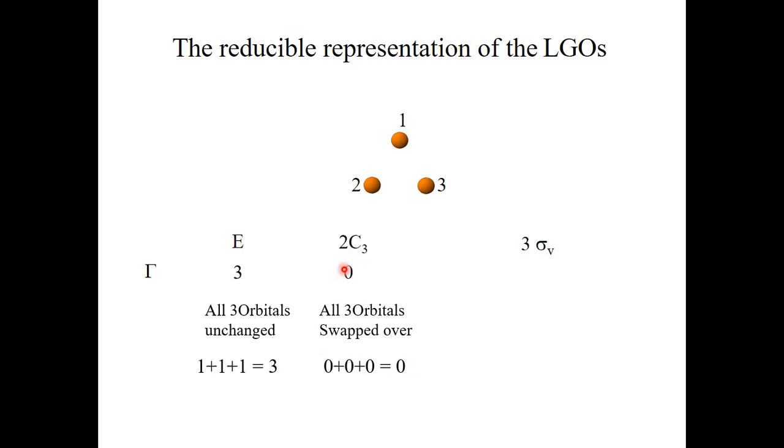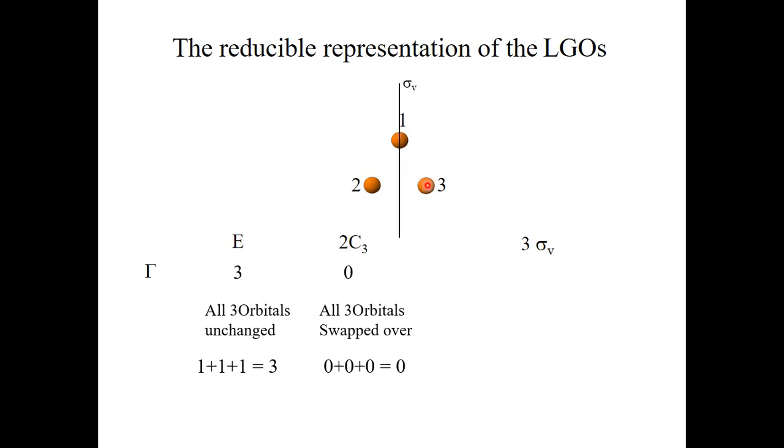So last but not least, we have to look at the sigma v mirror planes. So again, we can choose any of the sigma v mirror planes. So for instance, we can choose the sigma v mirror plane that stands here. It would actually go through this hydrogen atom, but not through the other two hydrogen atoms.